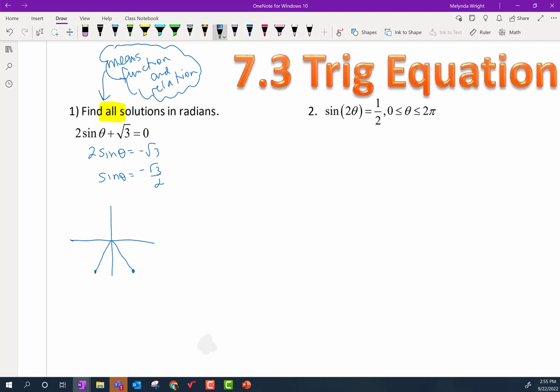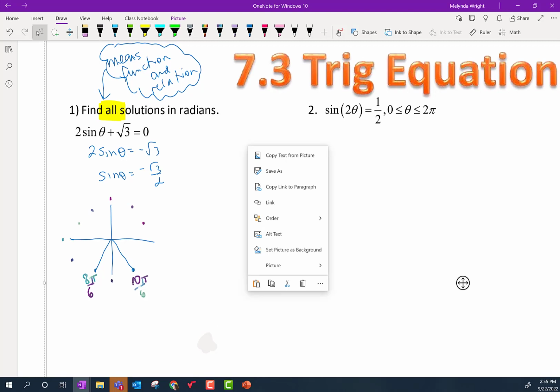We have 30-60-90s, we count around by 6; 45-45-90s, we count around by fourths, and that's how we find our radian measure. So 1 pi over 6, 2 pi over 6, 3 pi over 6, 4 pi over 6, 5 pi over 6, 6 pi over 6, 7 pi over 6, 8 pi over 6, 9 pi over 6, and 10 pi over 6. Those are the angle measures that satisfy that criteria.